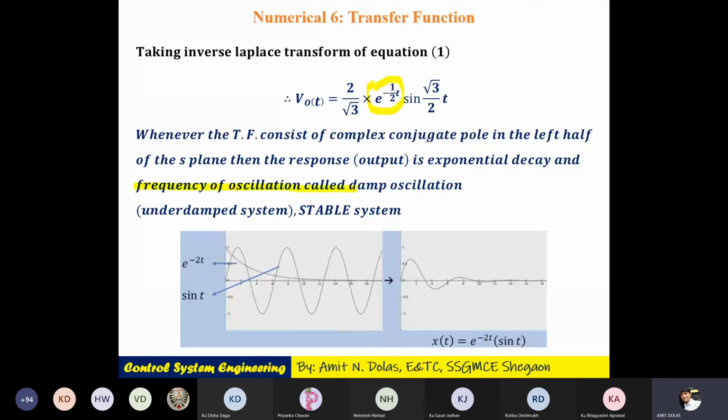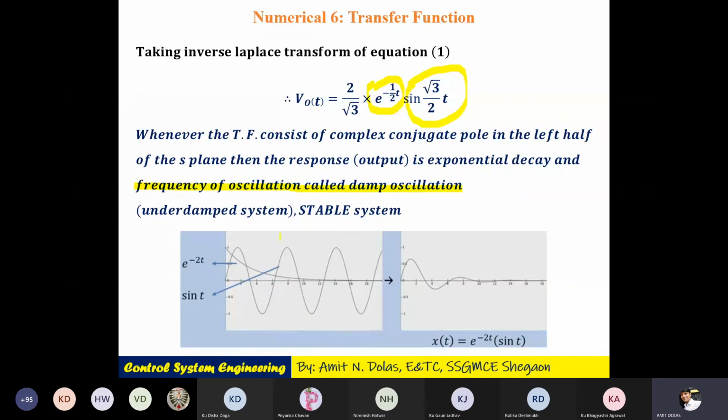And the frequency of oscillation, called damped oscillation, is sin omega t; here it is sin root 3 by 2 t. So the sine waveform and the exponential decay waveform are together.